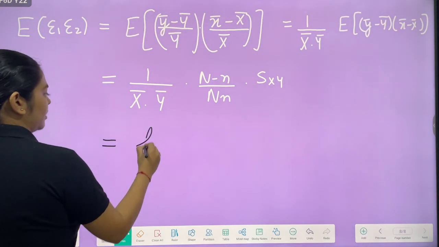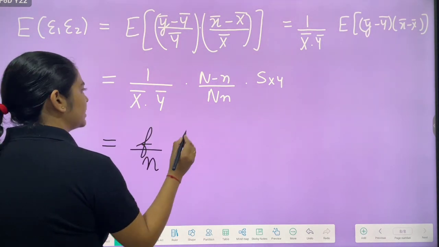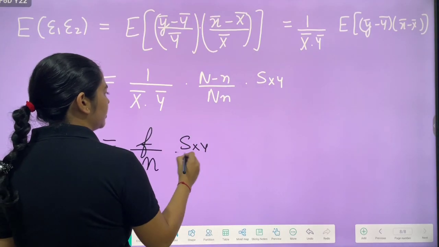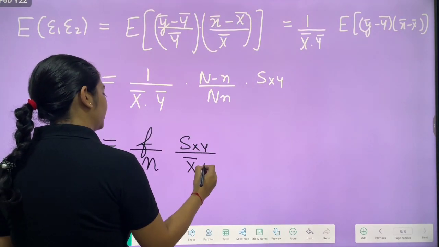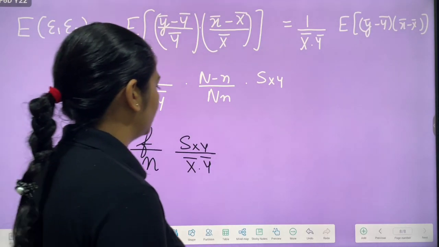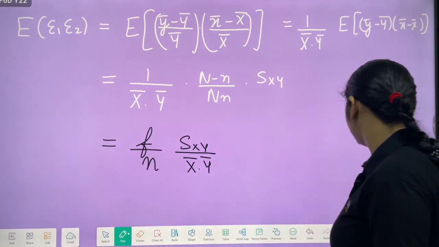By putting the value of f by n, this can be written as f by n into sxy upon x bar into y bar. This is the value of estimation of epsilon 1 and epsilon 2.